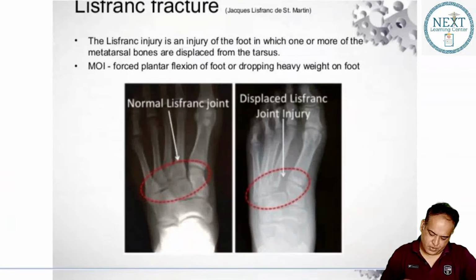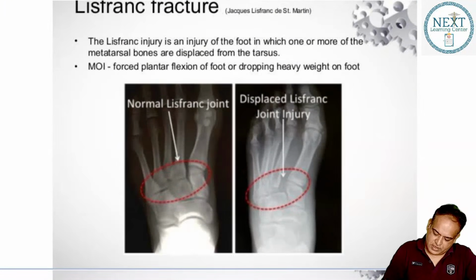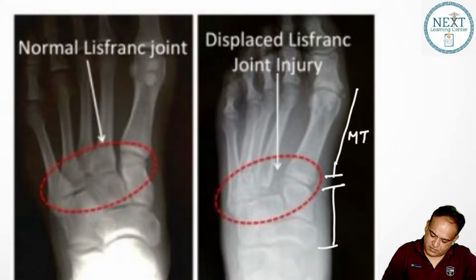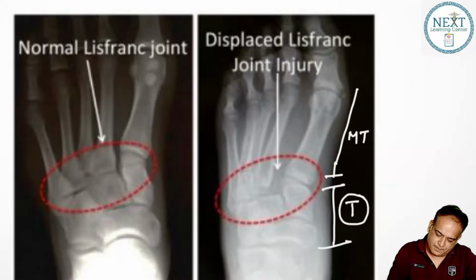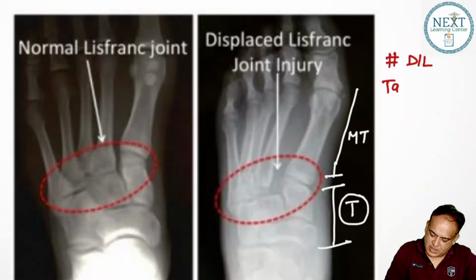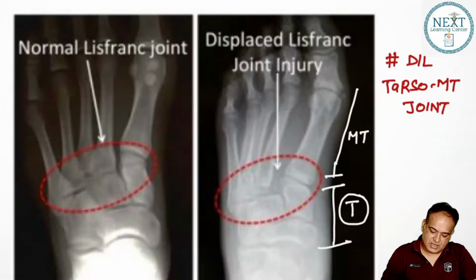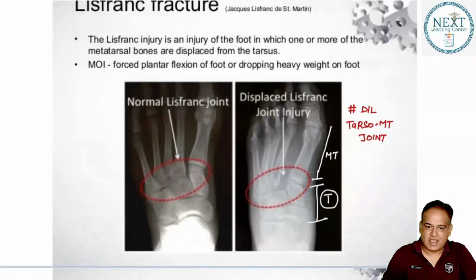The fourth, not important. Lisfranc fracture, yes. So as you can see over here, up to these, what kind of bones are present? Metatarsals. And beyond these, what kind of bones are present? Tarsals. So there is a joint, and there is fracture dislocation at the tarsometatarsal joint.